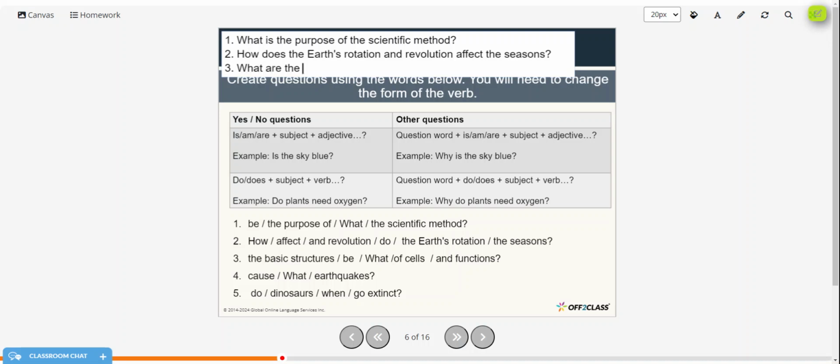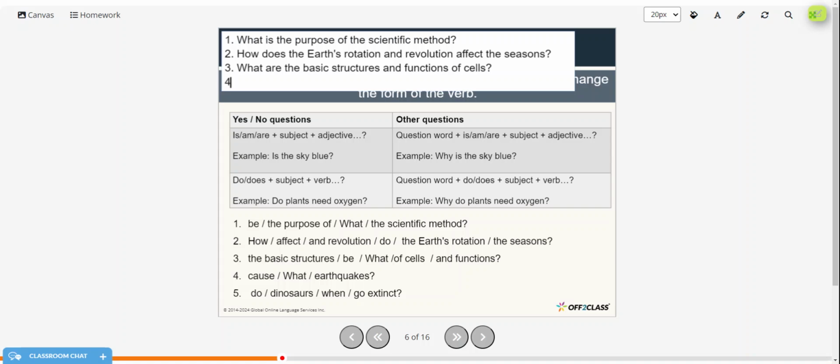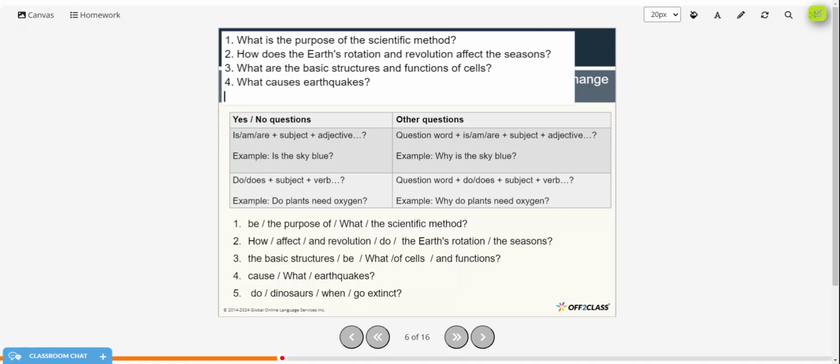What are the basic structures and functions of cells? Number four, what causes earthquakes? And number 5, when did dinosaurs go extinct?